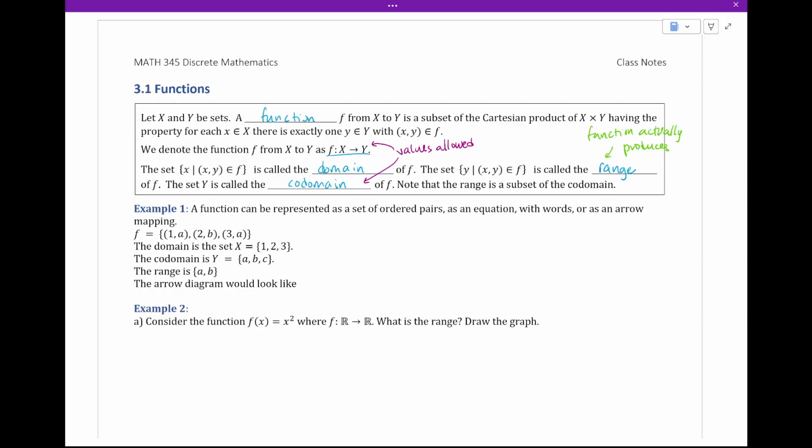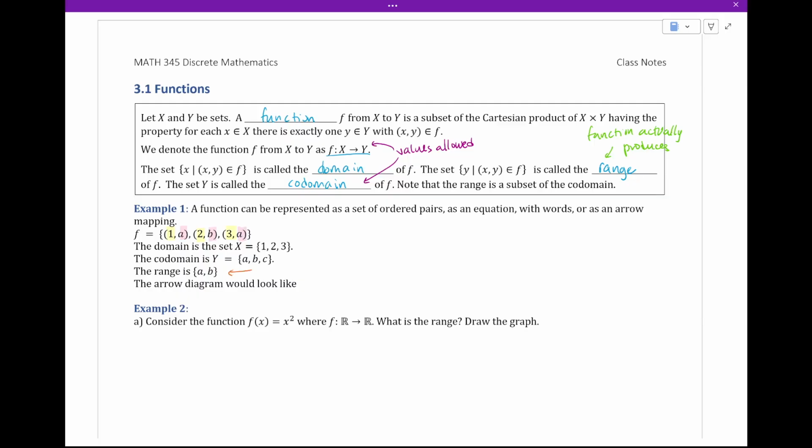Those are the first values in our function. And the range are the second values in our ordered pairs, a, b, and also a. But this is telling me that the codomain is a, b, and c, and the range is a and b. So here we're noticing that c is a value in the codomain. It's an allowable value for that second place, but it's not actually used by this function in particular.